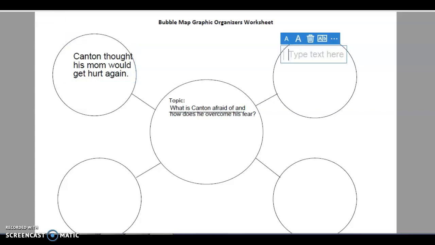I also think sometimes when children know that an adult in their life has gotten hurt, they also think sometimes that they might be hurt. So that was my second thought of what one of Canton's fears might be. So I'm going to type that in my second bubble.